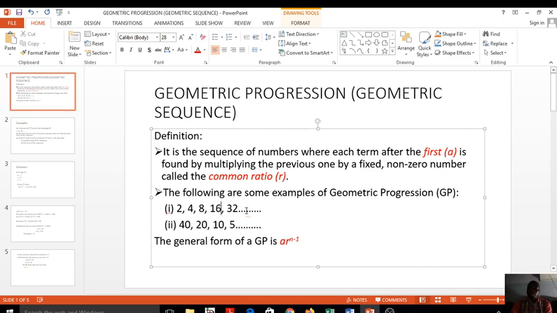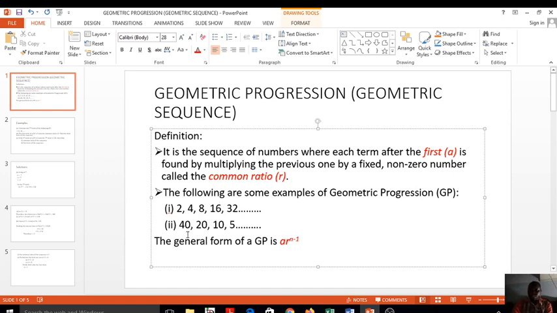Again, if you look at the next example where we have 40, then 20, 10, and then 5. You notice that for us to get a 20, we are dividing by 2.